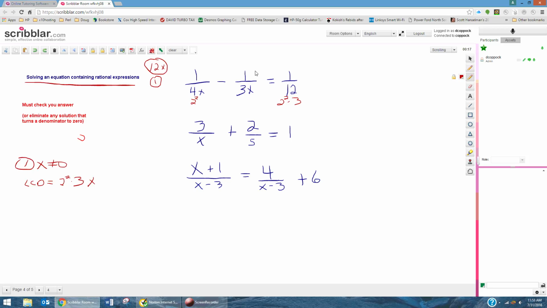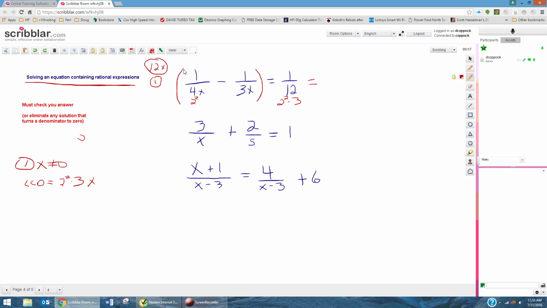Multiplication property of equality. And when I multiply this 12x times the left side of the equation, I have to multiply it times every term. So you're picturing multiplying this 12x times every term.